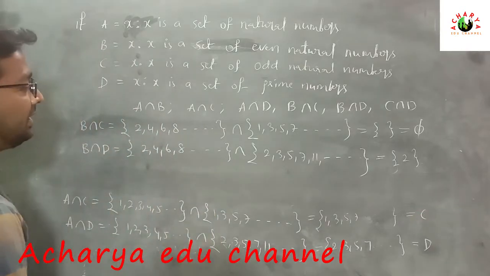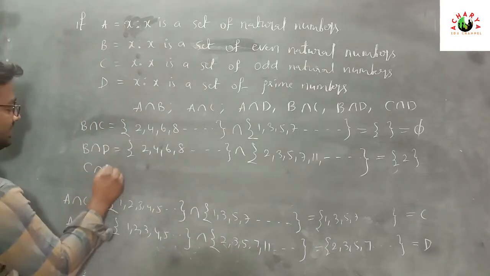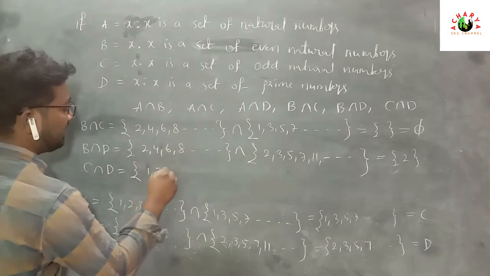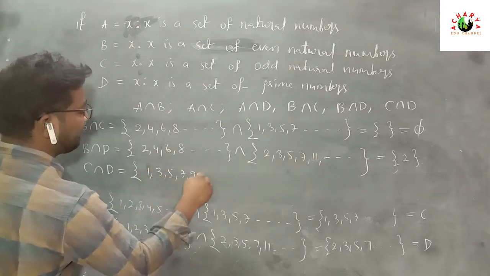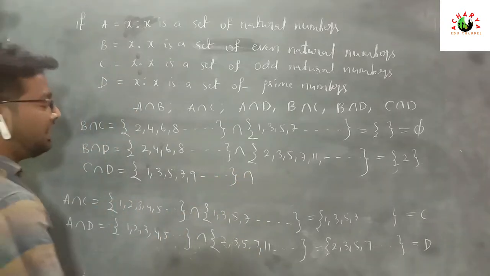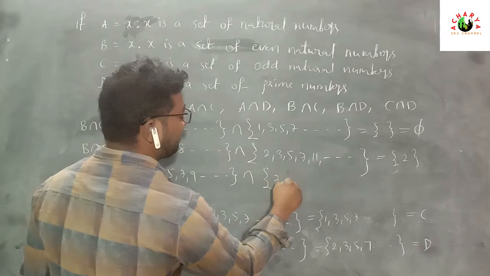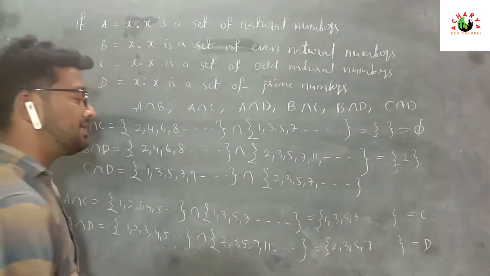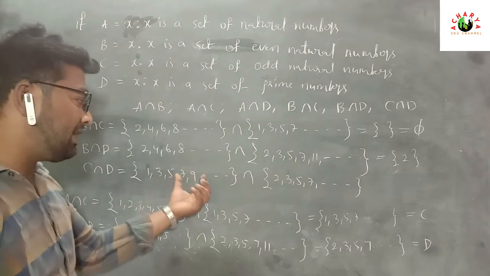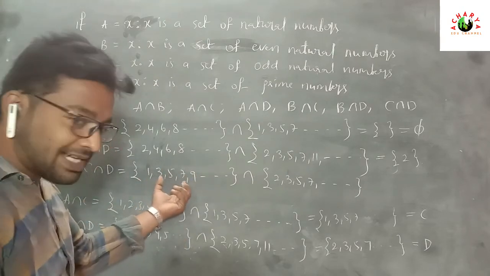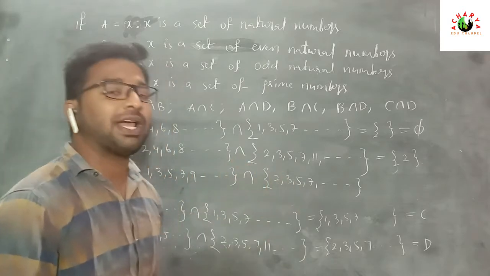Next, finally, C intersection D. C is the set of odd numbers: 1, 3, 5, 7, 9, and so on. D is the set of prime numbers: 2, 3, 5, 7, and so on. So what are the common elements of odd natural numbers and prime numbers?